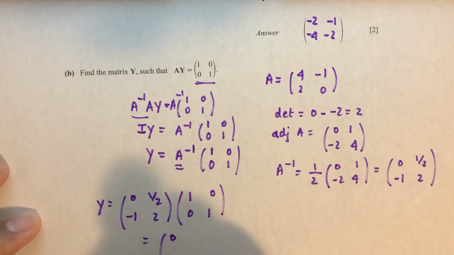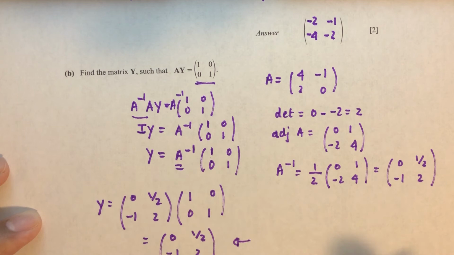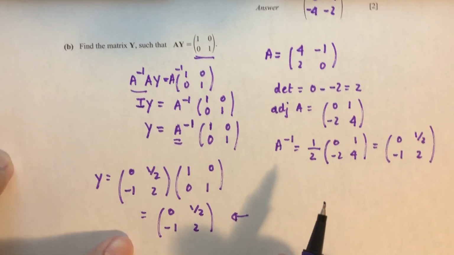Minus 1 times 1 is minus 1, plus 2 times 0 is 0, so minus 1 plus 0 is minus 1. So now 0 times 0 is 0, half times 1 is half. Now minus 1 times 0 is 0, plus 2 times 1 is 2. So that's Y. Y is equal to this matrix.